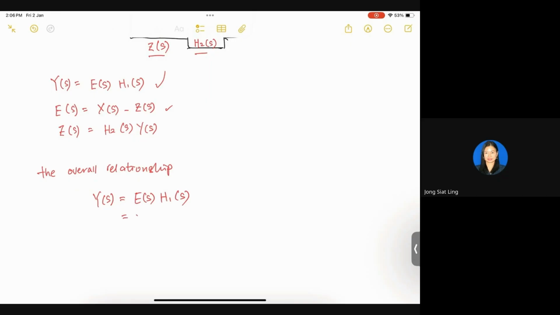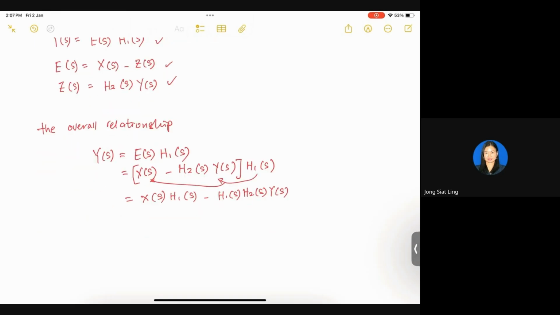E(s) is X(s) minus Z(s). So Z(s) is this one. Z(s) is referred to H2(s) Y(s). Then multiply with the H1(s). Okay, so we can multiply in. We multiply each one. So we get X(s) multiplied with H1(s) minus H1(s) H2(s) Y(s).